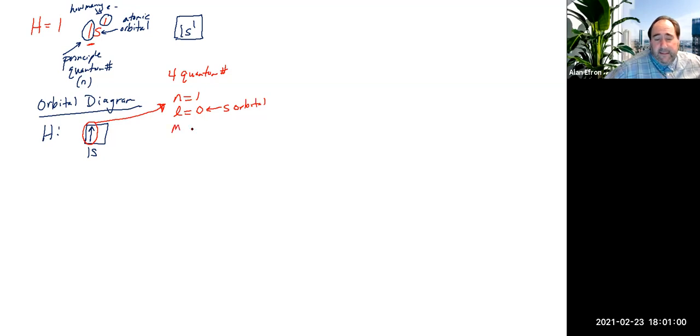The m sub l in this case, because it is 0, would also have to be 0. And now the m sub s in this case is plus a half, not plus or minus a half, but actually plus a half for that electron. When the electron goes in the upwards direction, that is plus a half in terms of the spin. If it goes in the downward direction, it is minus 1/2 in terms of the spin. Any questions on how we got those?